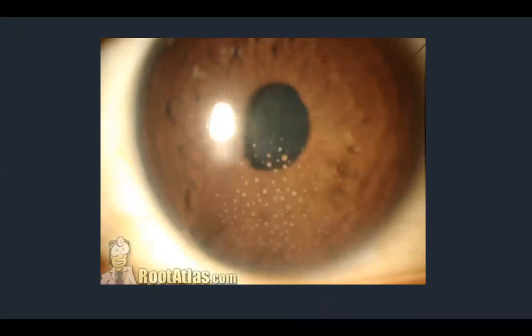Most important, I would want to ask about associated ocular symptoms: any decrease in vision, ocular pain, redness, photophobia. Then I would ask about previous similar presentations, involvement of the other eye, and previous medication or previous regimen of treatment.